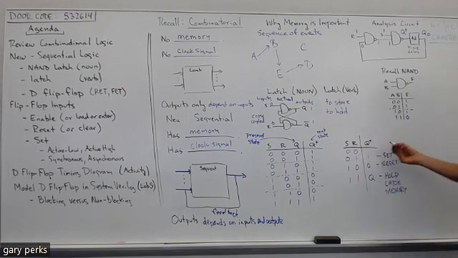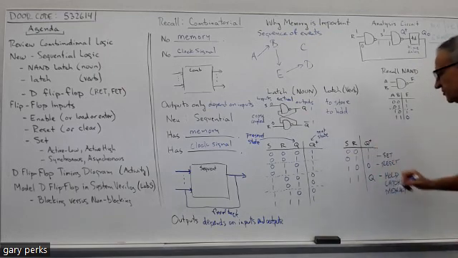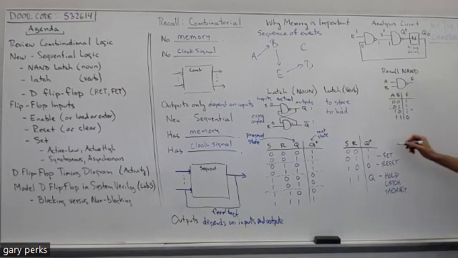So this top state, where the next state of Q is 1, we call the forbidden state. So I guess it is a kind of scary class, right?